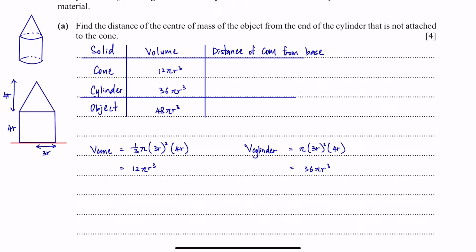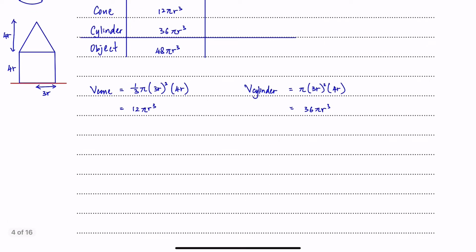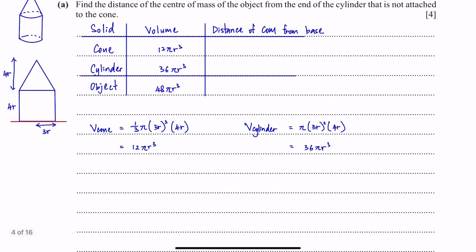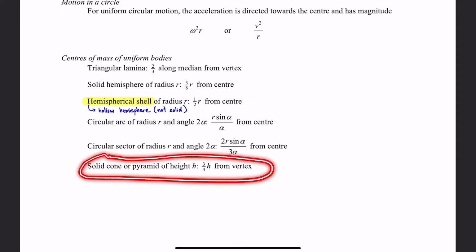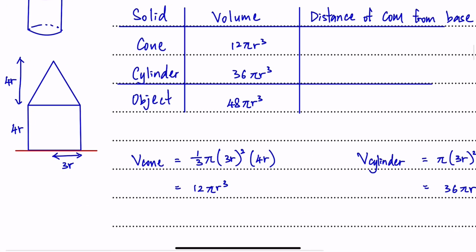And for the distance of COM from the base, we first look at the cone. According to the formula booklet, if we have a solid cone, the center of mass is 3/4 h from the vertex. That means if this is the center of mass of the cone, the distance from the vertex all the way to the center of mass is 3/4 of the height, which is 3r, right?